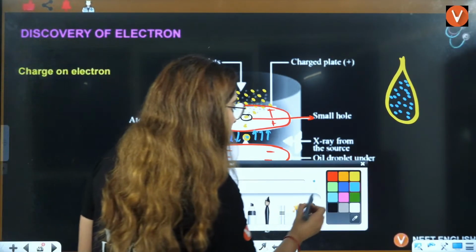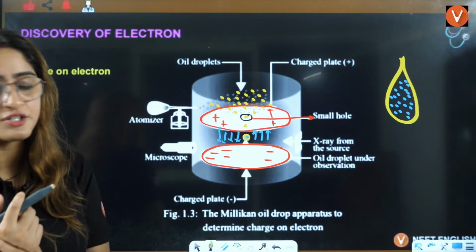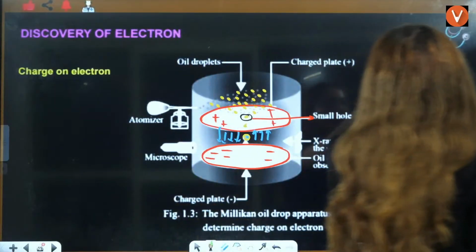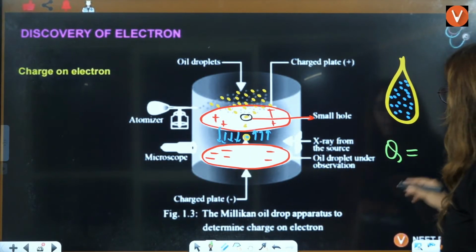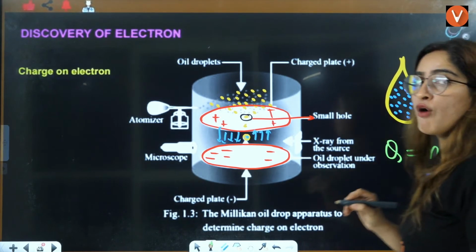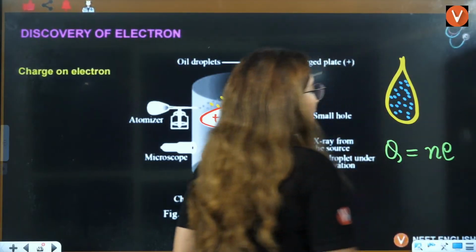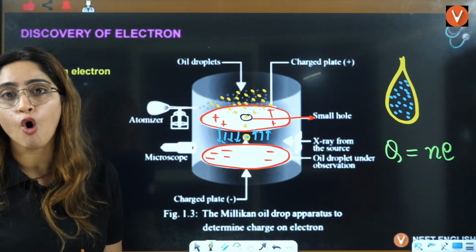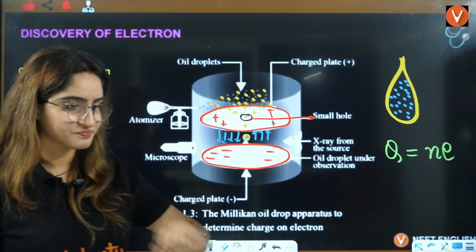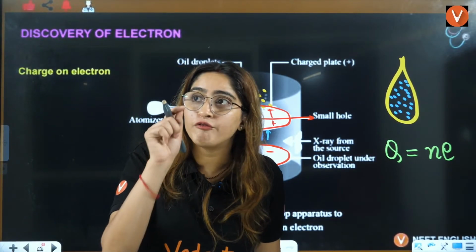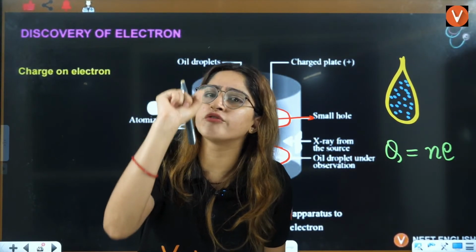So, now with this stationary oil drop, how do we do the calculation? If Q is the charge on this oil drop, N is the number of electrons that you have, and e is the charge on one electron, then you can easily calculate this. Now, ma'am, will he count 1 electron, 2 electrons, 3 electrons, 4 electrons?